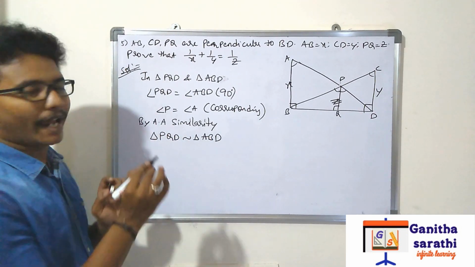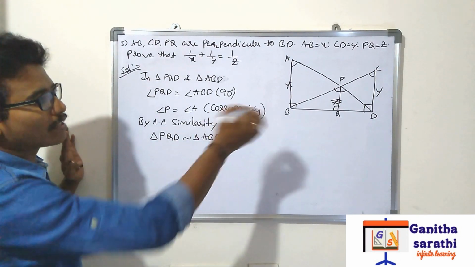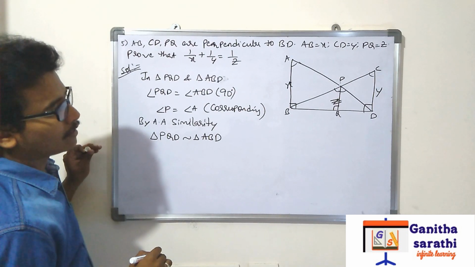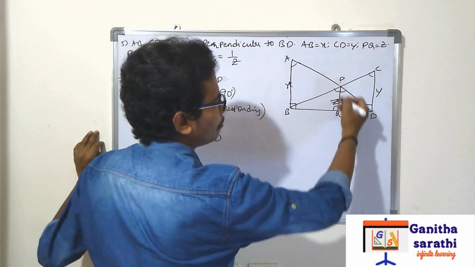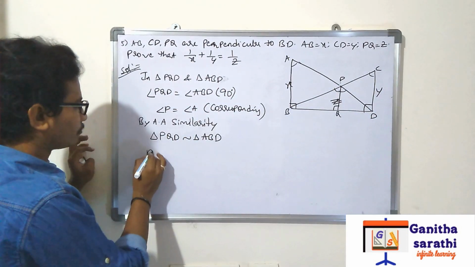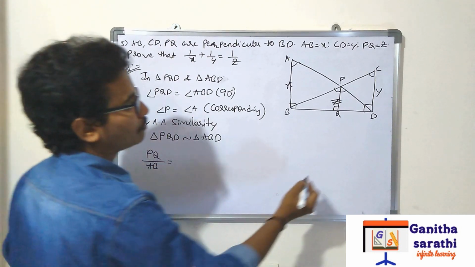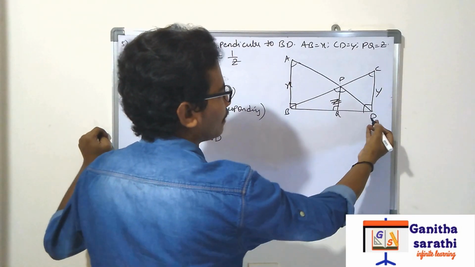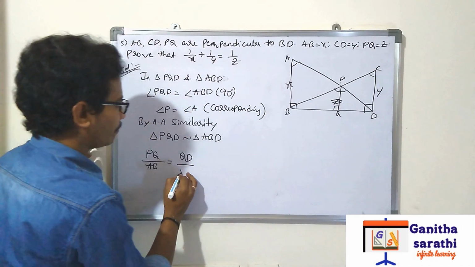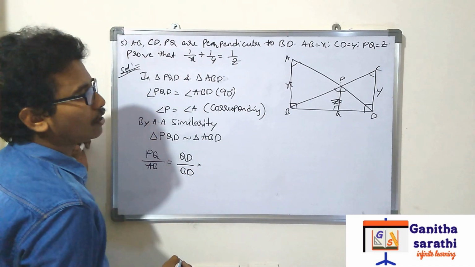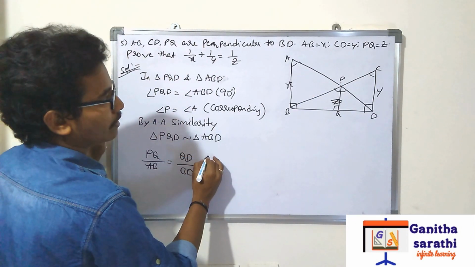If two triangles are similar and angles are equal, then sides will be in proportion. See the sides which are in proportion. From the small triangle you take PQ by AB is equal to QD by, in the big triangle, PD is equal to, at last, PD by AD.